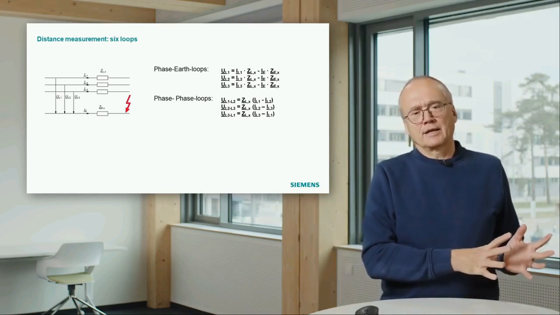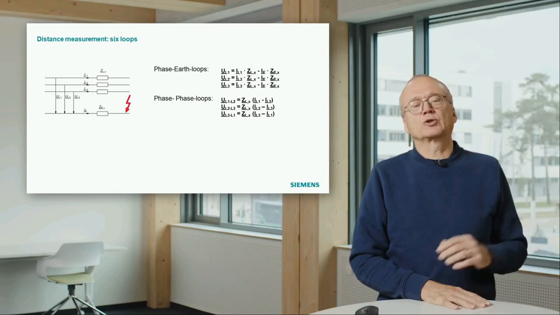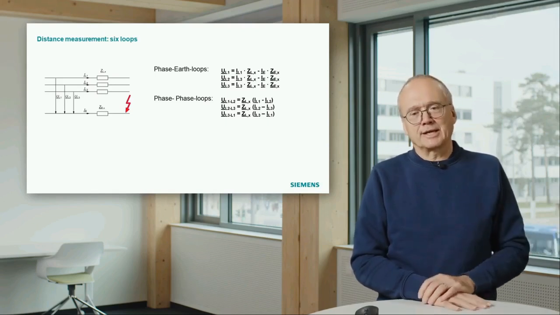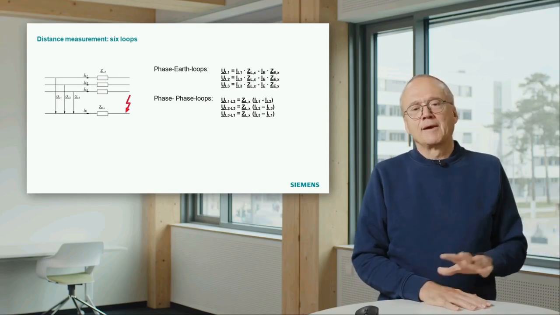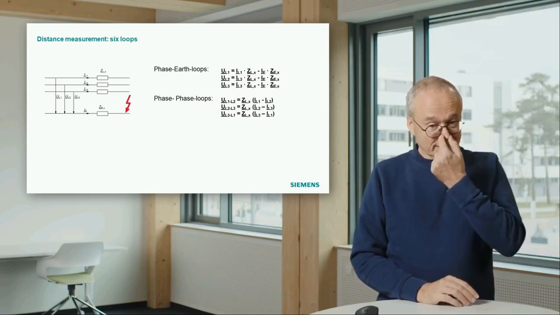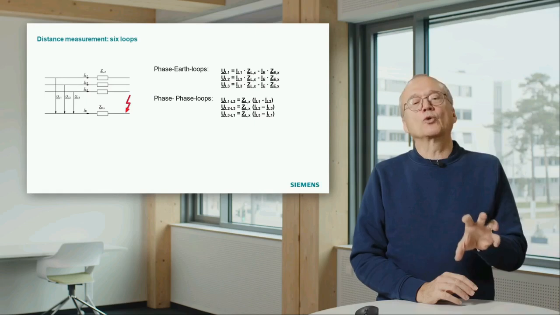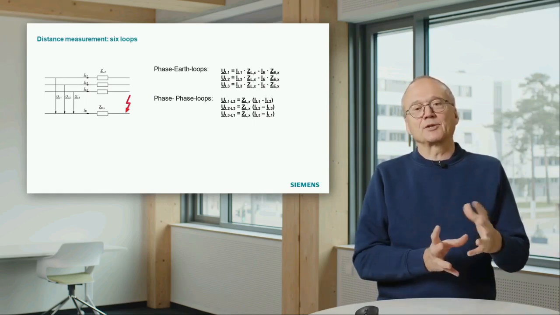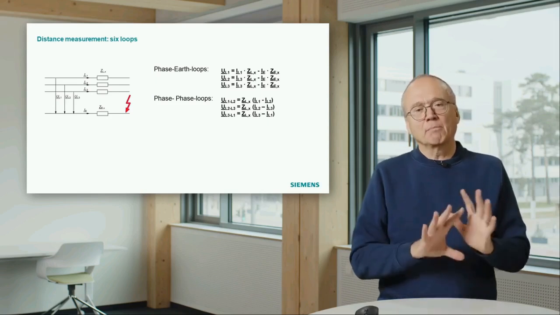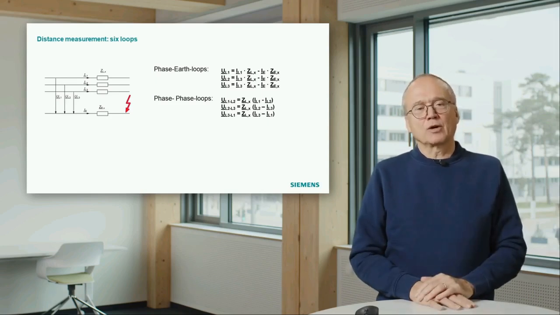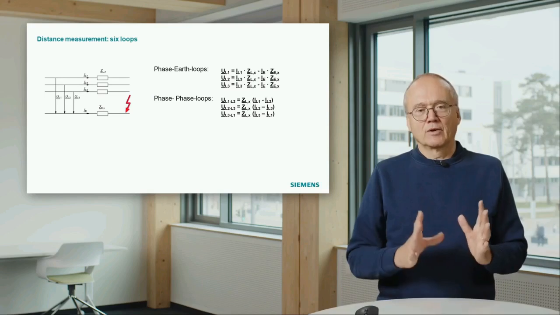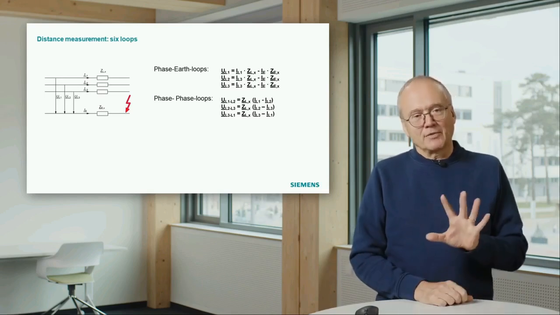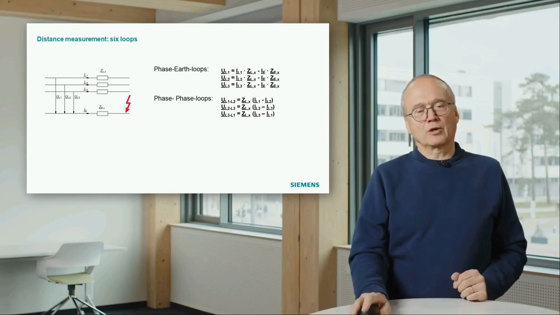In older technologies like electronic relays or electromechanical relays, or also in the early days of digital relays, people were using switched relays, and these relays were only measuring one loop. That means they had to decide in the beginning which loop to measure. But nowadays, you can say all modern relays measure all 6 loops in parallel. That is one thing we have to take into account.